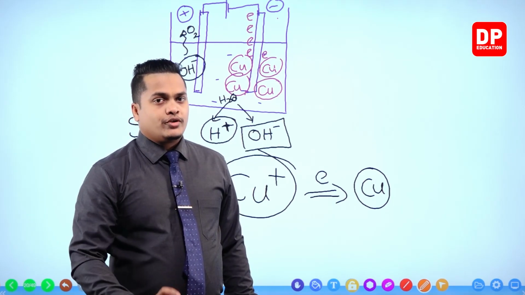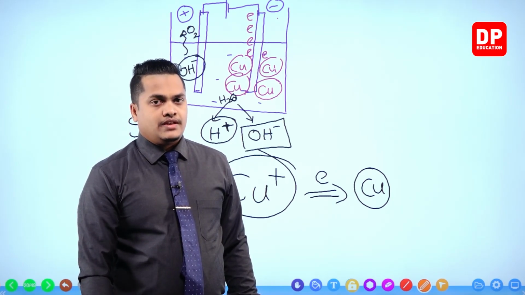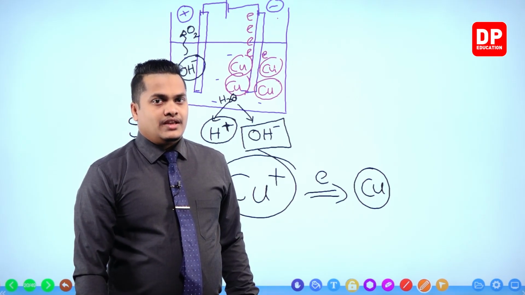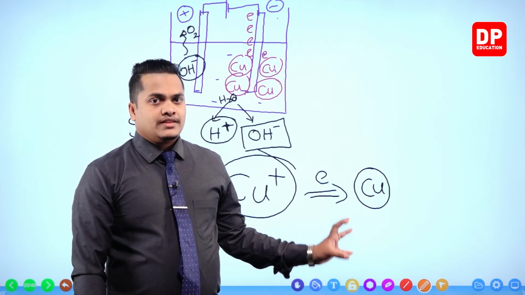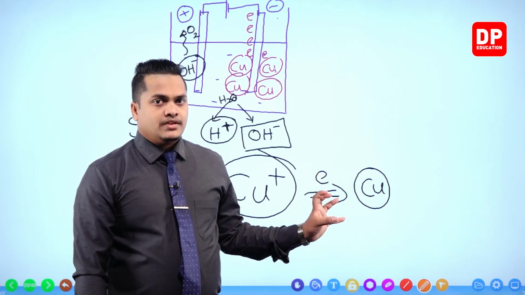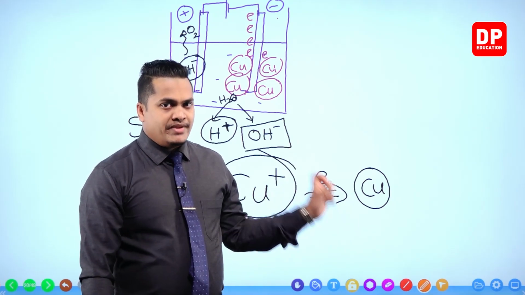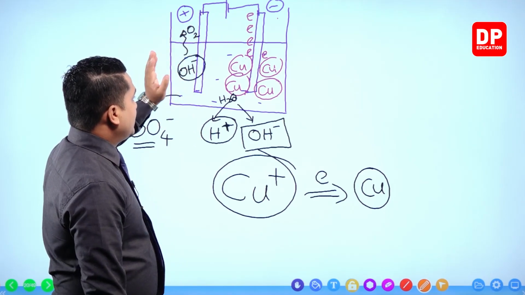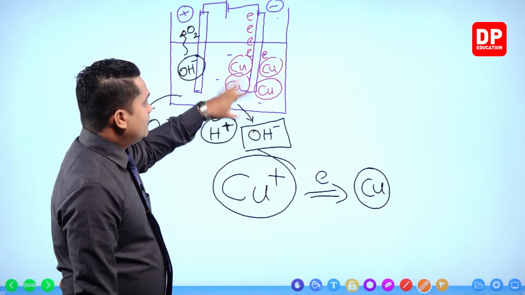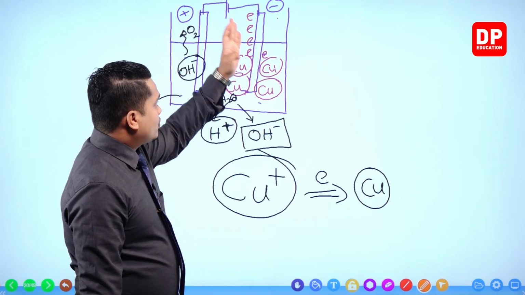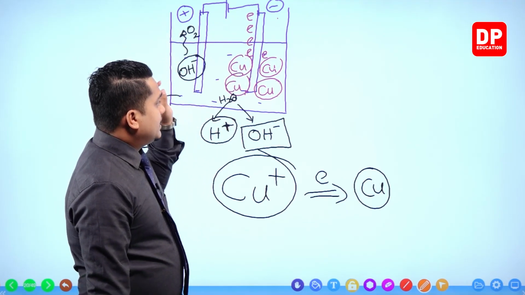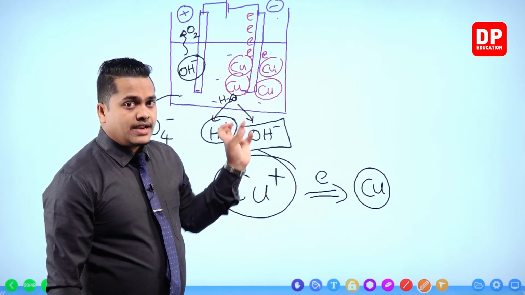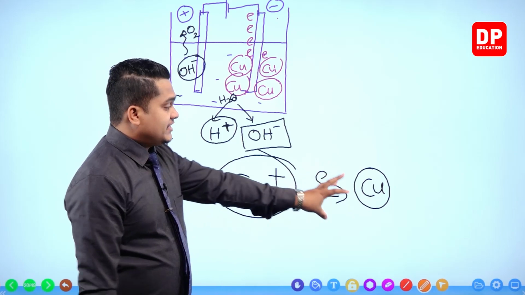So I hope that you got a good knowledge about the process of electrolysis, right? Each and every change that is going to happen within the system is created mainly because of providing electricity. Negative ions are attracted to the positive terminal, positive ions are attracted to the negative terminal. When electrons are coming towards the electrolyte, these ions are getting electrons and changing into a different substance.